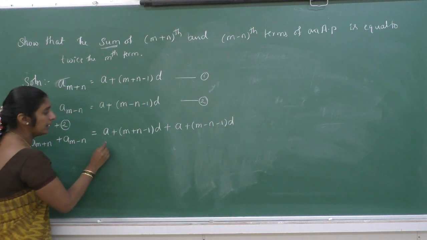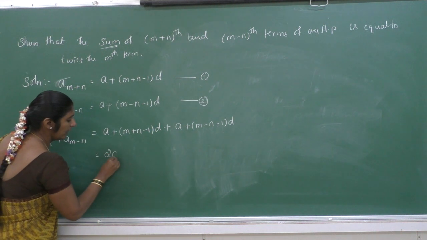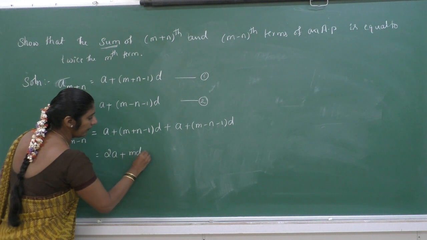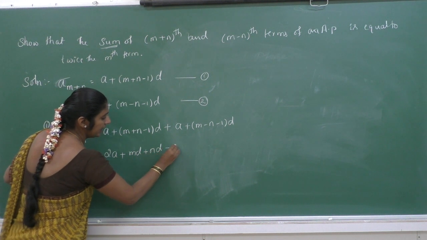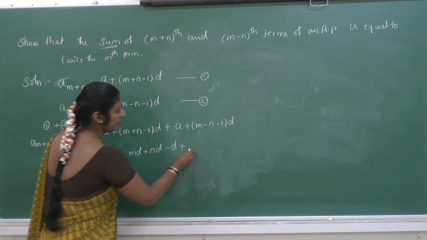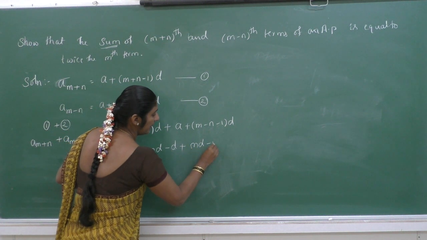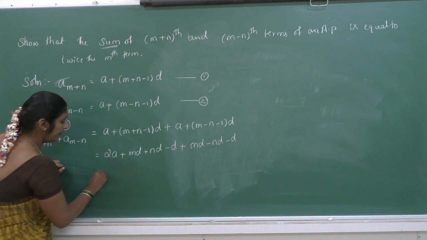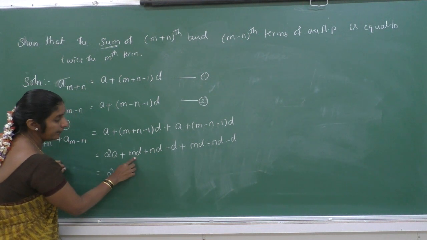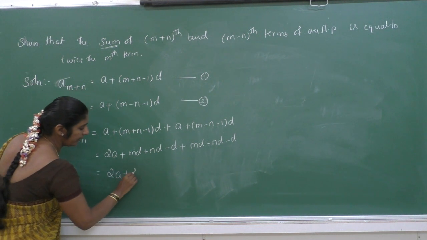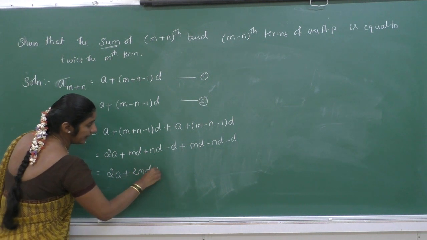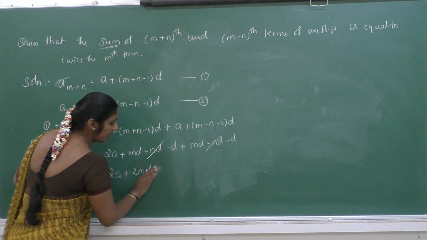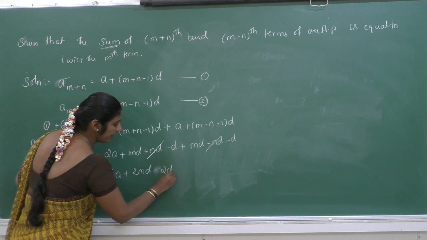So, ಈಗ a plus a 2a plus ಇಲ್ಲಿ md plus nd minus d plus md minus nd minus d. So, a plus a 2a ಆಗಿದೆ, md plus md 2md, plus nd minus nd gets cancelled, minus d minus d is minus 2d.